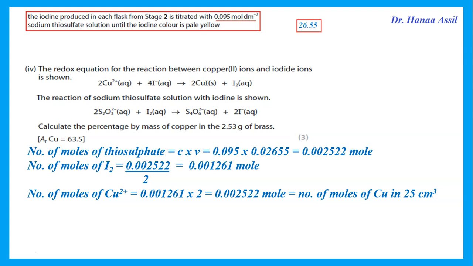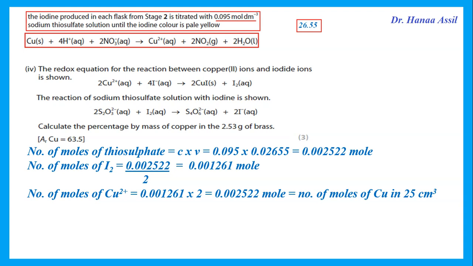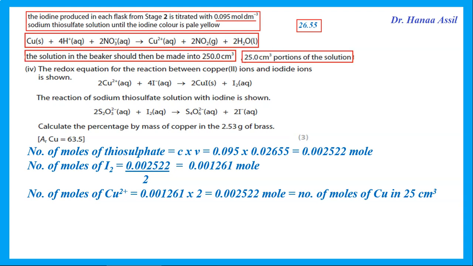So we again multiply by 2. And that gives me the number of moles of copper 2 plus, but that is also equal to the number of moles of copper metal, because according to that equation on top, the copper 2 plus is a 1-to-1 ratio with copper.